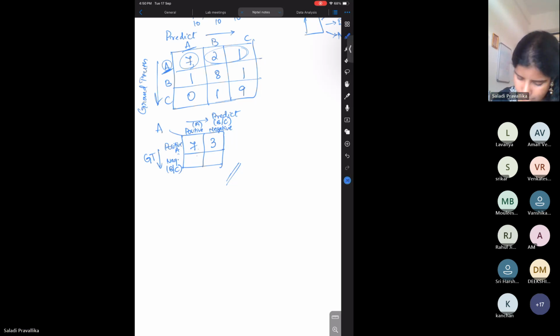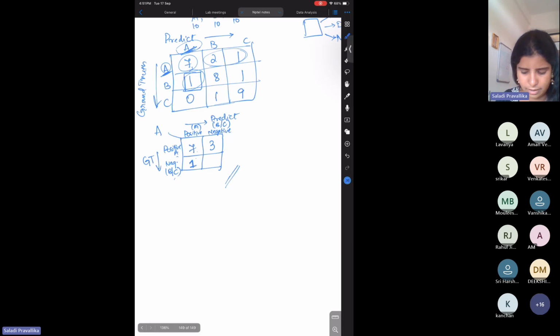The other thing the model has predicted as A is this one only, which belongs to a different class B, yet my model has predicted that it is A. So the prediction is positive for A, but the ground truth is negative for A. So here I'll write 1.